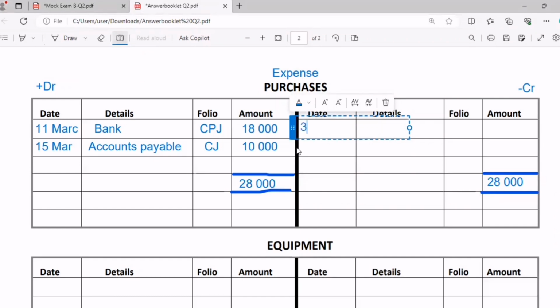So I will show you. So this is at the end of the month. So now this balance of 28,000 is transferred to trading account.